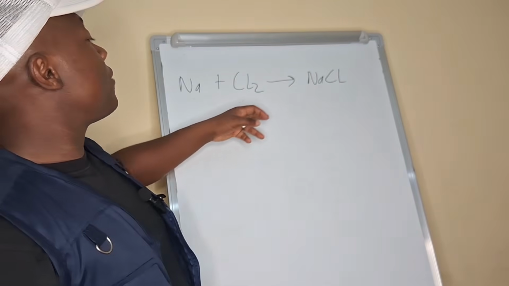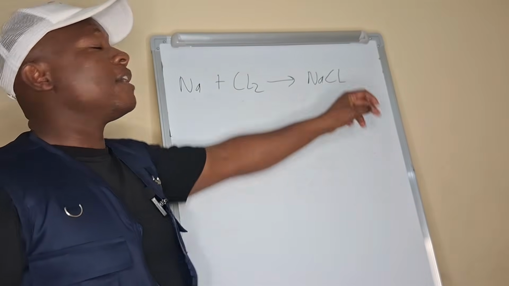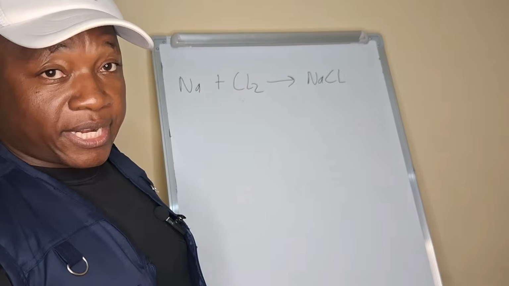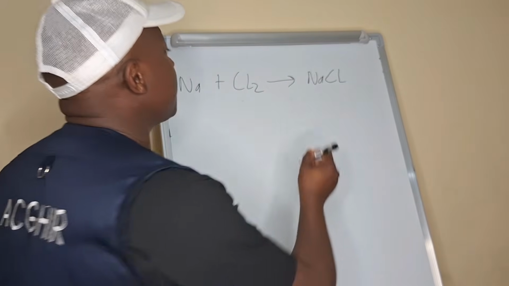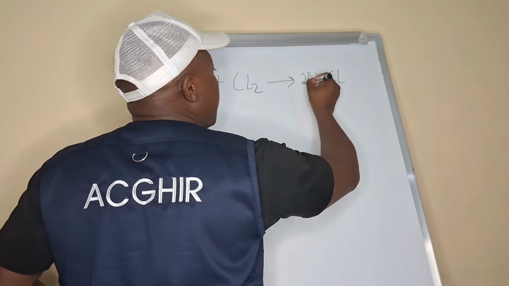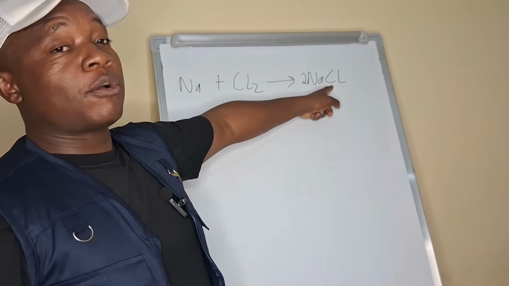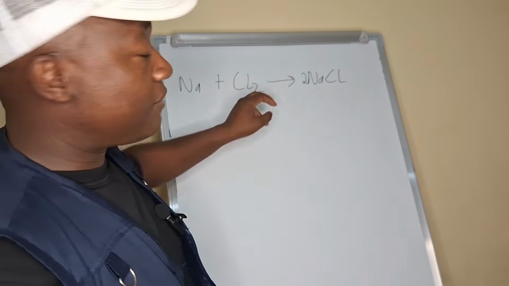If we look here, we've got 2 chlorine atoms, but here we only have 1 chlorine atom. So for us to balance these 2 chlorine atoms, we write a 2 here. If we write a 2 here, we now have 2 chlorine atoms on the right hand side, and 2 chlorine atoms on the left hand side.